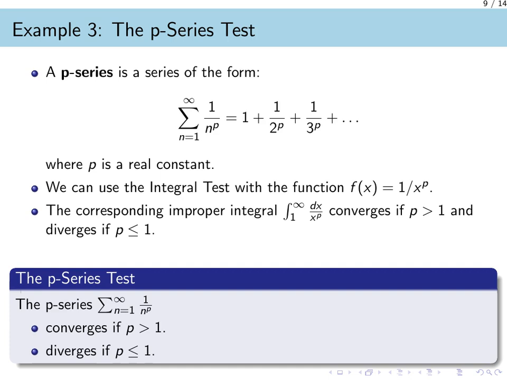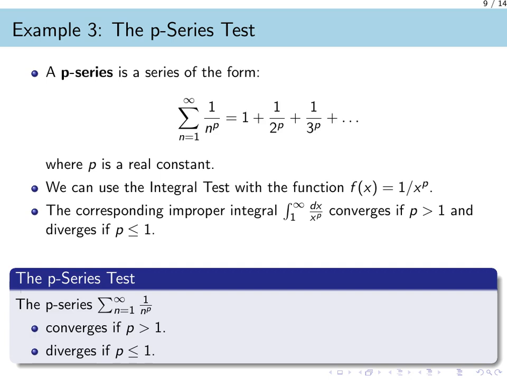We can now use the integral test to establish a simple rule for a very important family of series called p-series. A p-series is any series of the form, the sum of 1 over n to the power p, where the exponent p is a fixed real constant. The key insight is that this series corresponds to the function f of x equals 1 over x to the power p.